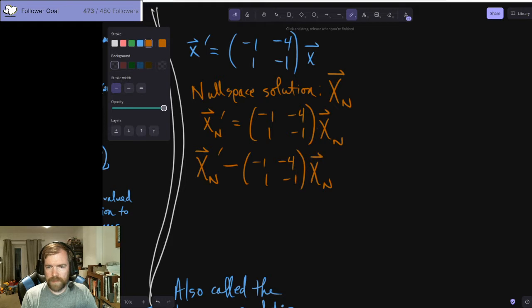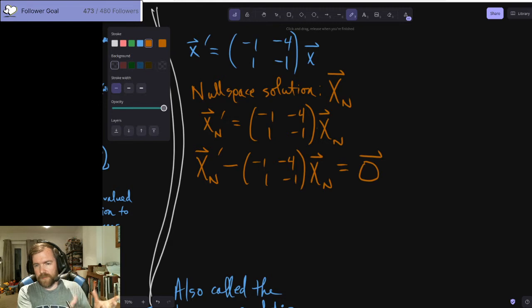If we subtract our null space solution's derivative by the transformation of our null space, we end up getting our zero vector. Another way to do this is to say both of these pieces are on the left and right of the equation, so they just drop out when we subtract them from both sides.